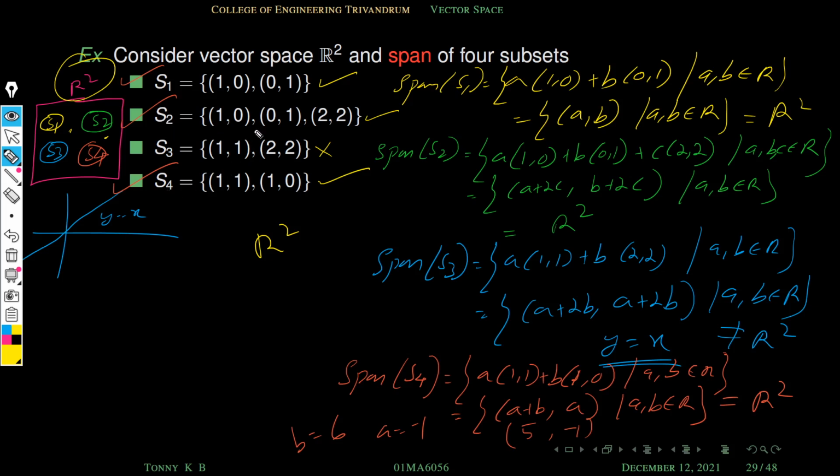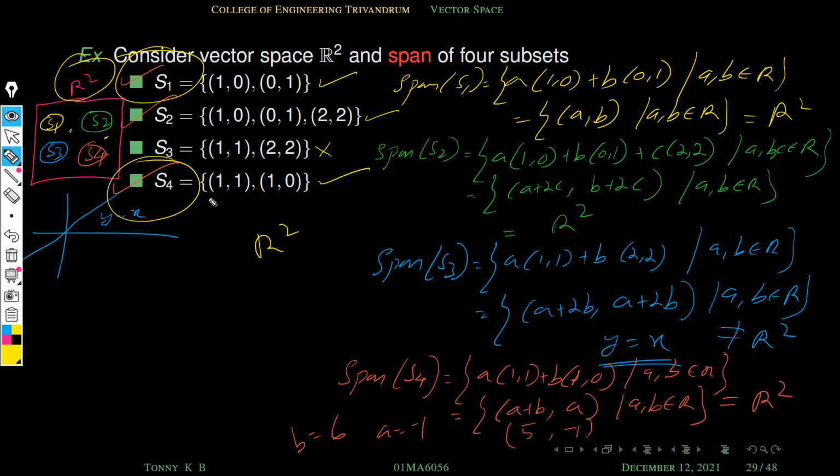S2 contains 3 elements. S1 and S4 contain only 2 elements. So out of these 3, comparatively these two are best. Best in the sense of their size.